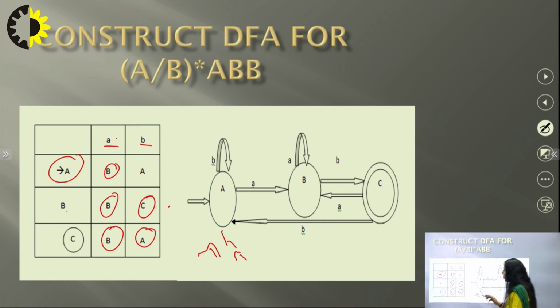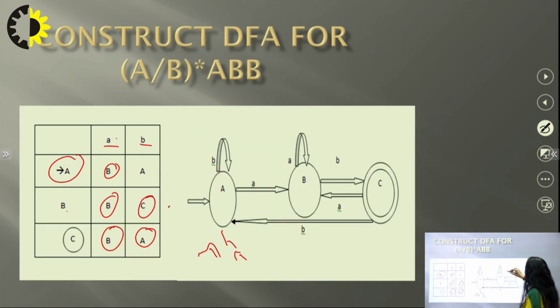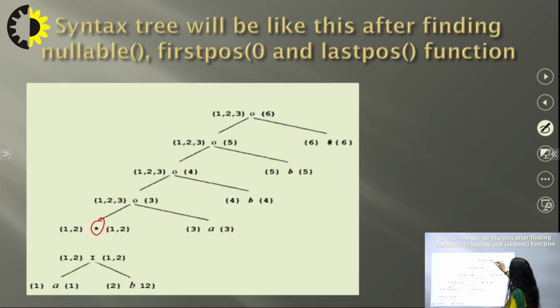We have to always remember while designing or finding the DFA that the root node is always the hash symbol, that is this one. So this one is the root node and it has 1, 2, 3.